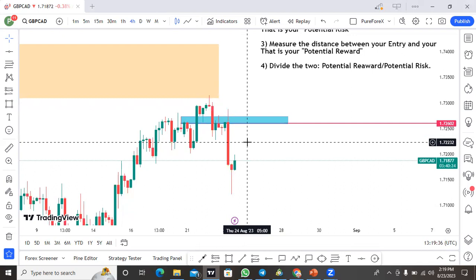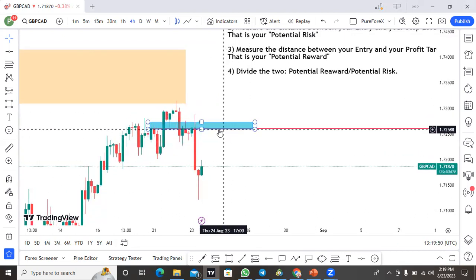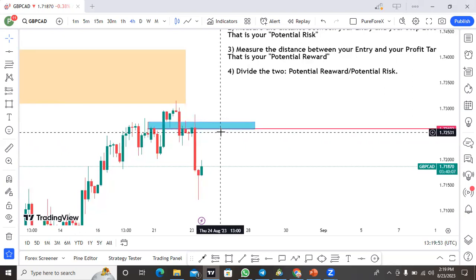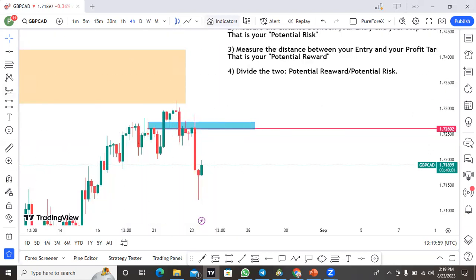So now I have to determine my risk to reward ratio on this particular setup so that I will know, is it worth it for me to take it or not, right? So now I have determined my entry point here. This is where I want to enter. So the next thing to do is to determine my stop loss. So I'm going to pick this line.